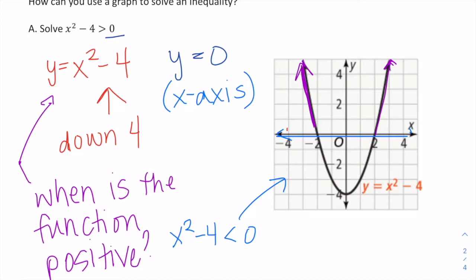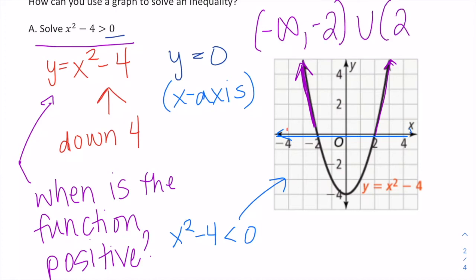So this is going to have two answers, and I'm going to use interval notation. So it's -infinity to -2 and 2 to infinity. So I use the union to include both intervals when this function is greater than 0.